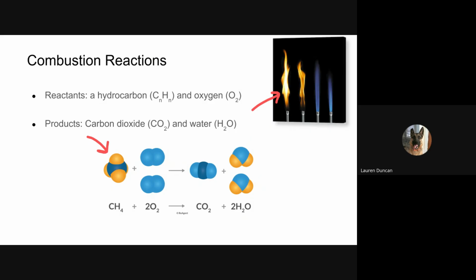If the flame looks orange, what that means is incomplete combustion's occurring. We're combusting the methane, we're reacting the methane, but we don't have enough oxygen to react all of it, because fire needs oxygen to burn, right? So in incomplete combustion, when the flame looks orange, the reason why is there's not enough oxygen present to react all of what you're combusting.